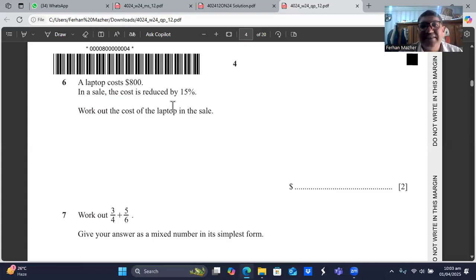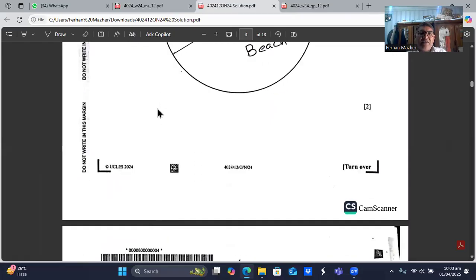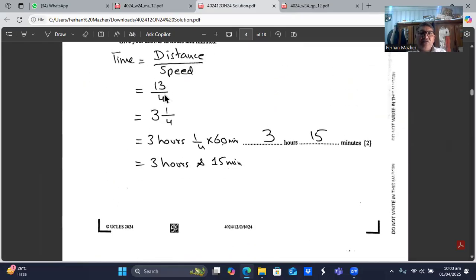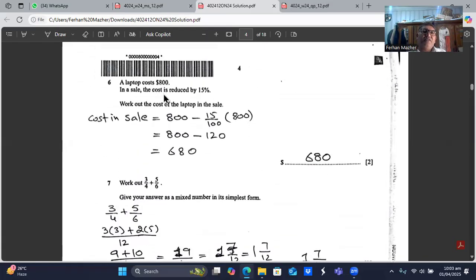So the marked price is $800 and there will be a 15% discount. Marked price minus discount will be the sale price, discounted price. So we can find that very easily.